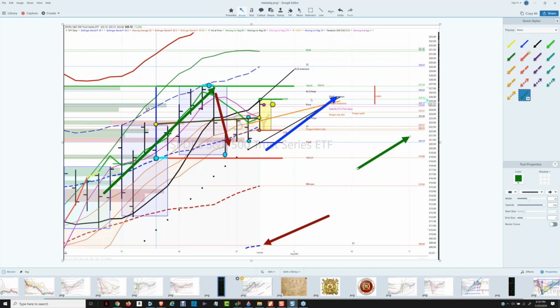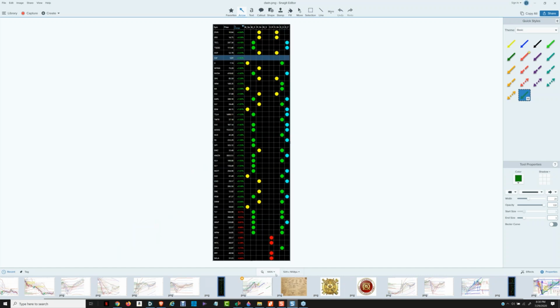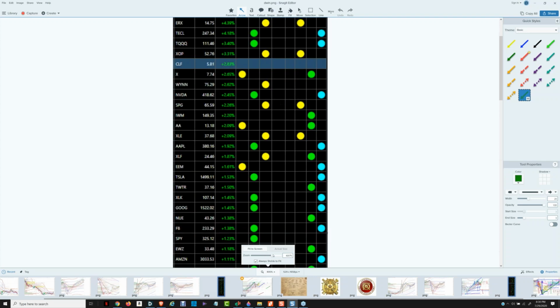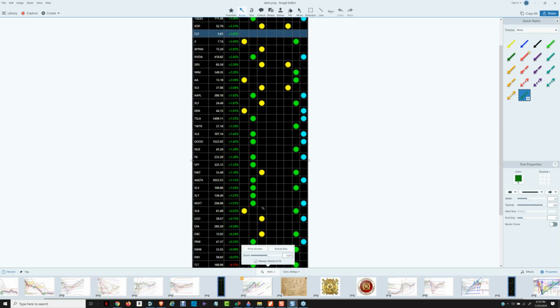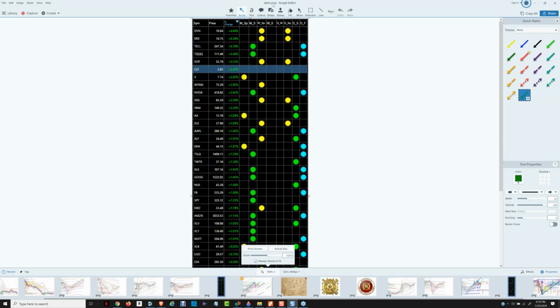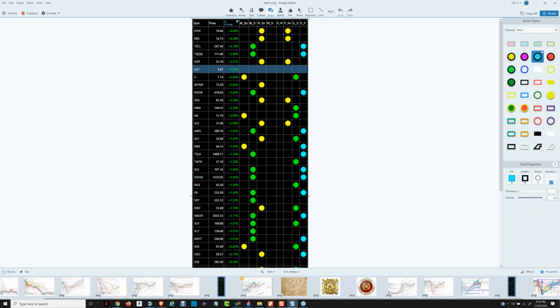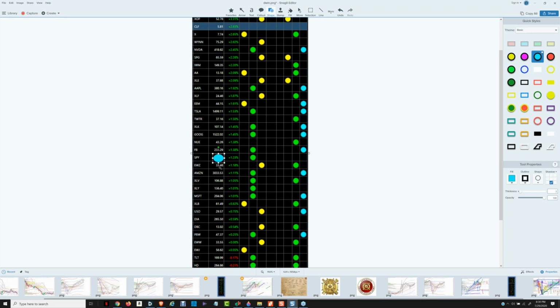Let's see what worked today. All right, so the S&P had a very good day at plus 1.23. Let's see where the other peers were.